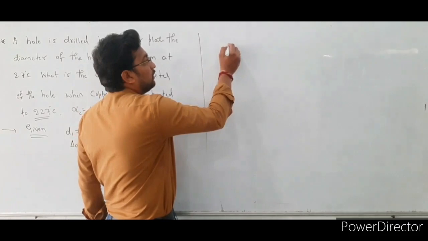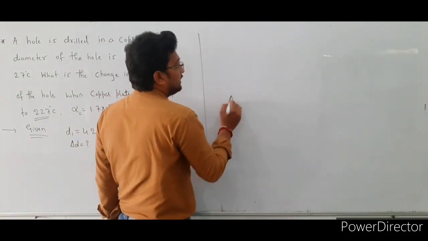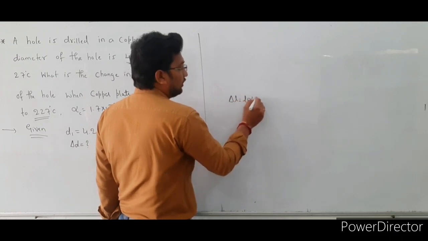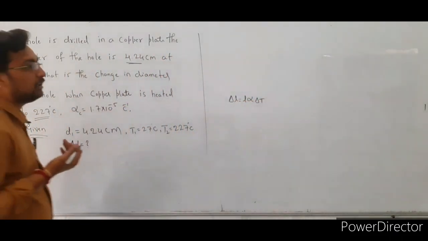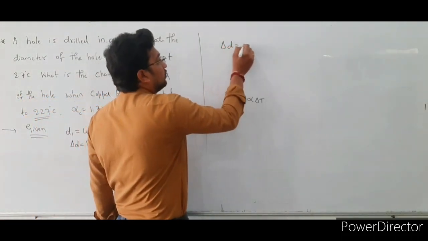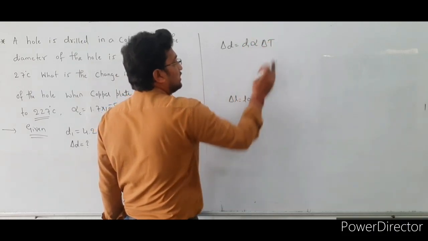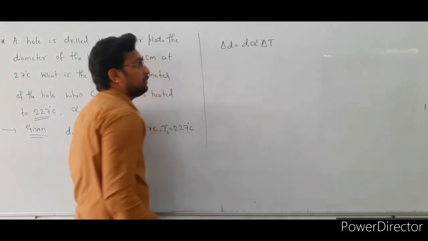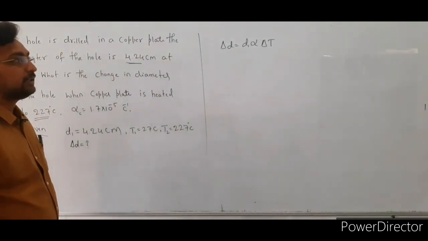Already we know the formula to calculate the change in length, that is change in length is equal to initial length into alpha into change in temperature, but in this case they have given the diameter. So here we take the change in diameter is equal to initial diameter into alpha into change in temperature.